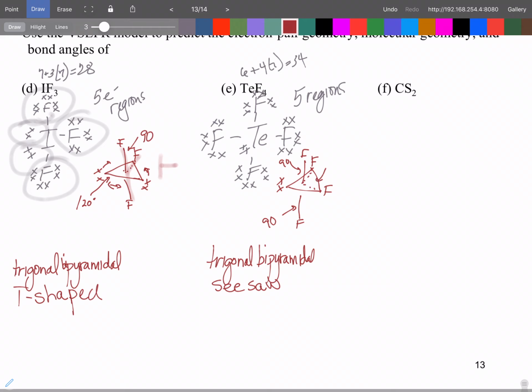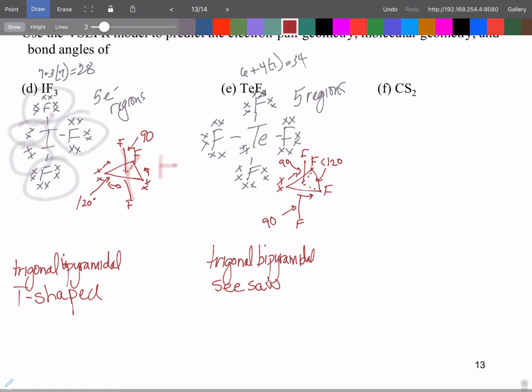But you've got an angle here between these 2 fluorines. Now, it should start off being 120. But remember, you're going to have the lone pairs push. So this angle between the 2 fluorines is actually going to come out to be less than 120. Do you know exactly what it is? No. And do I care? No. So do not look it up and then write it down, because I don't care.